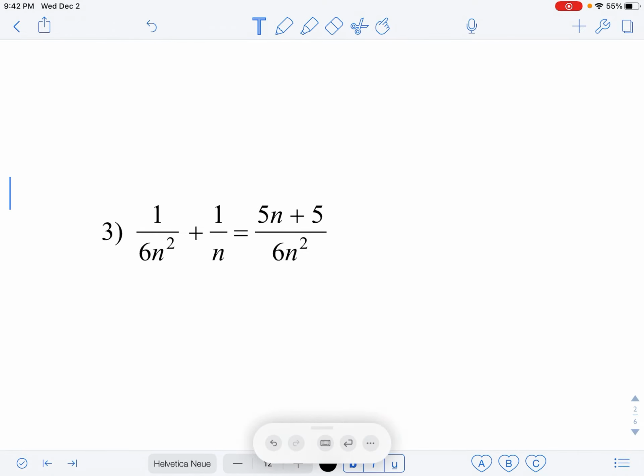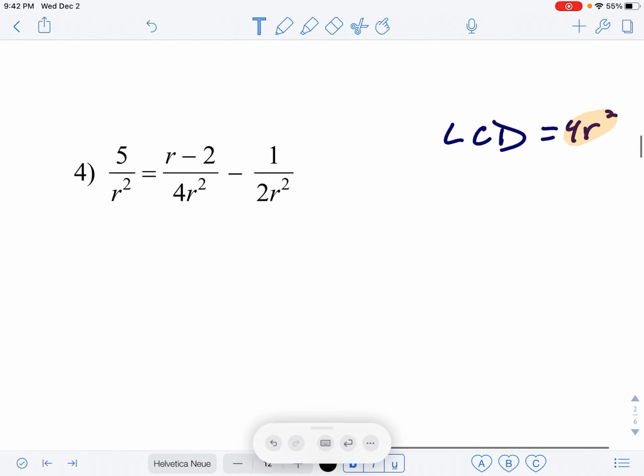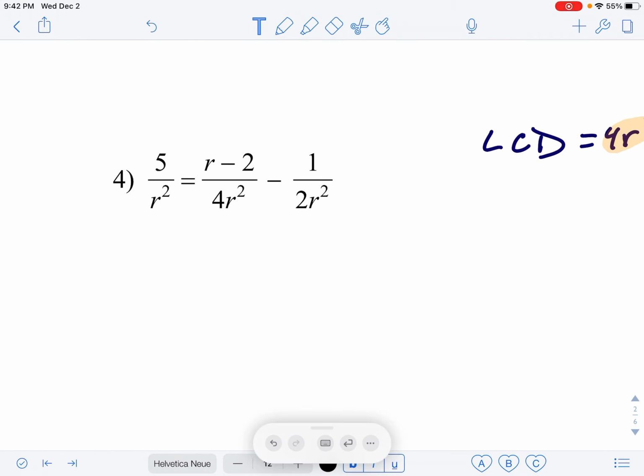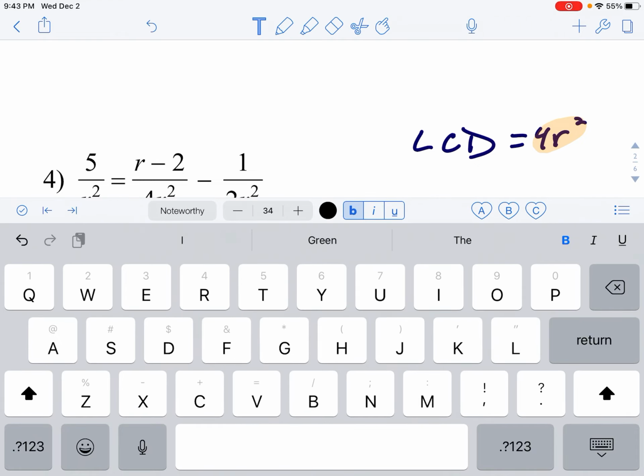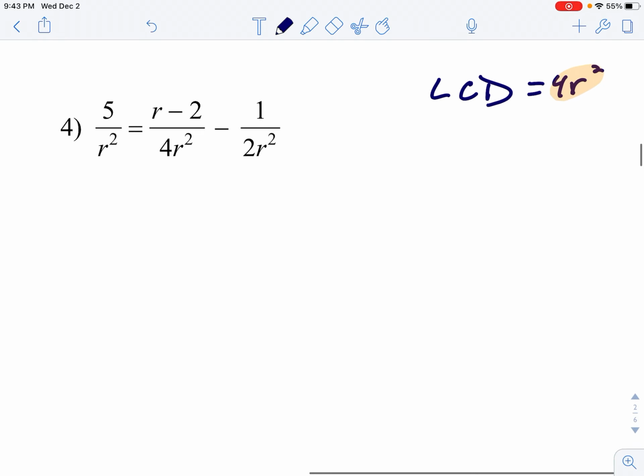You can just, what did I do? I don't know how I did that. What is going on? Oh, I see. I accidentally tapped something. Okay. Anyway, you can multiply each term by 4r squared. Just kind of squeeze it in like this, if you like. There's really no need to put all of them over 1. I mean, you could if you want to, but it doesn't really serve any purpose.